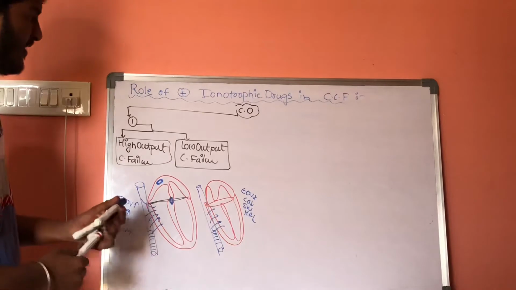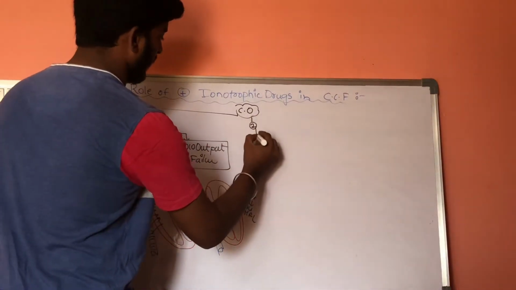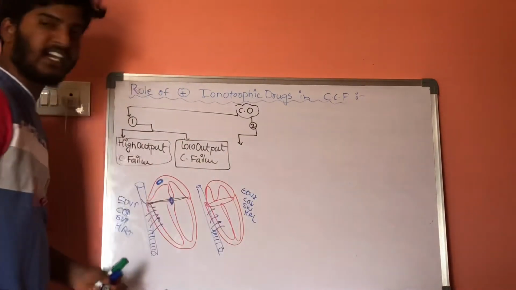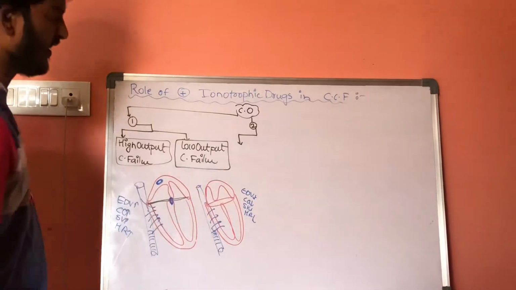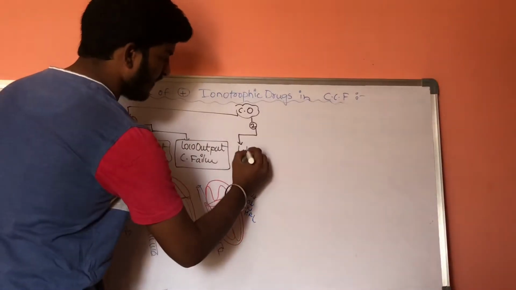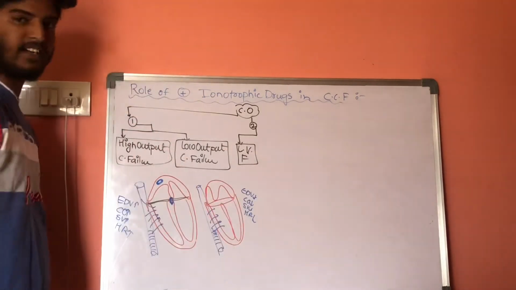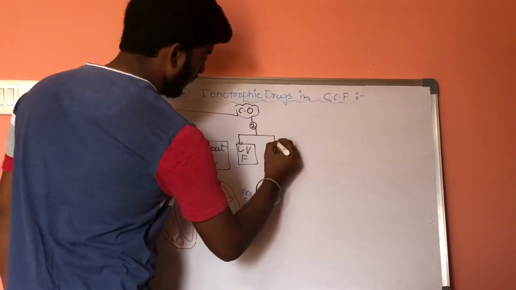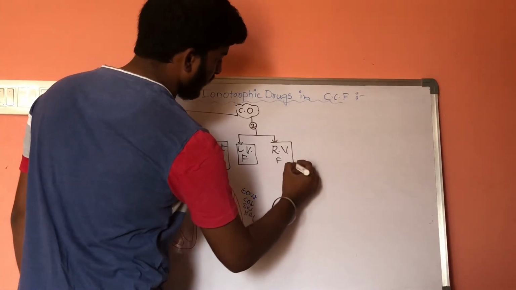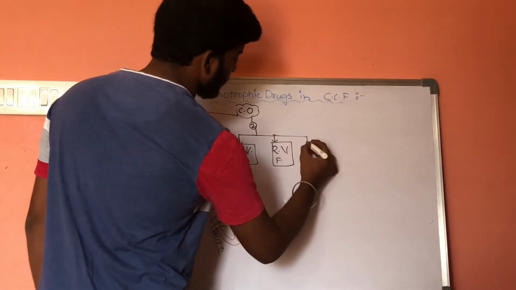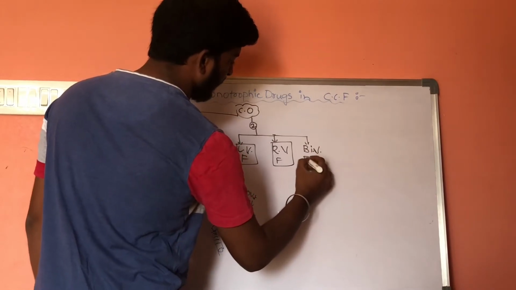Coming to the second class, under the second class, the first category is left ventricular failure, the second one is right ventricular failure, and the third category is biventricular failure.